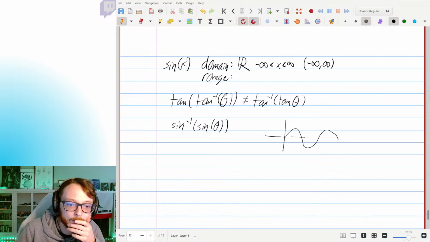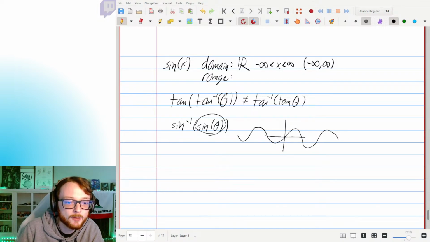Sine is defined for all x, and it only gives values between -1 and 1. The domain of inverse sine is between -1 and 1. So we should expect this thing to be defined for all x.